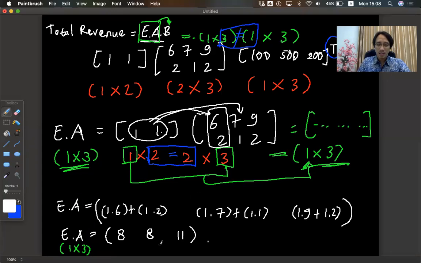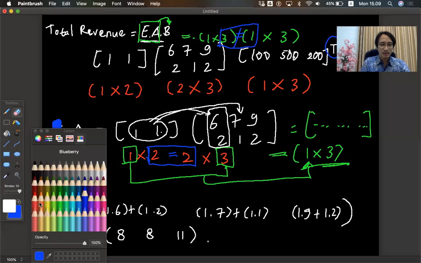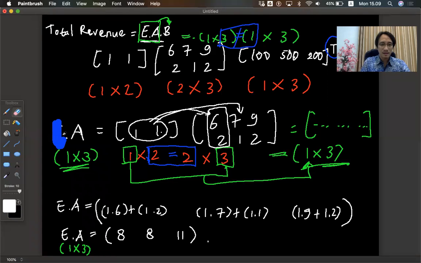So if we want to find E times A with B, EAB, then maybe I just erase this part, this one. Oh, sorry. I just erase this part because we have done with this multiplication.